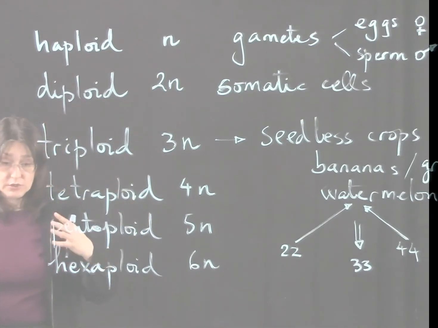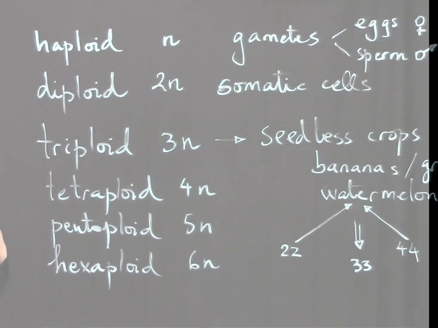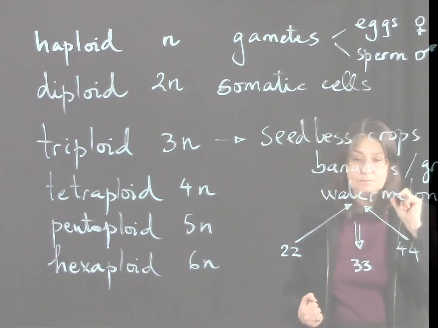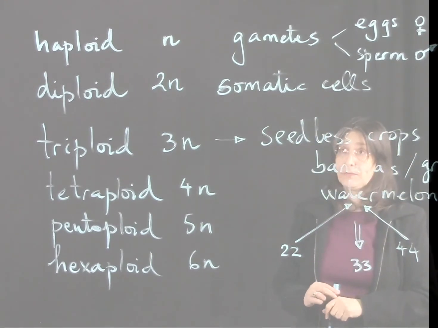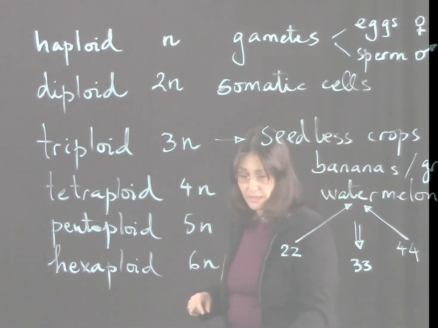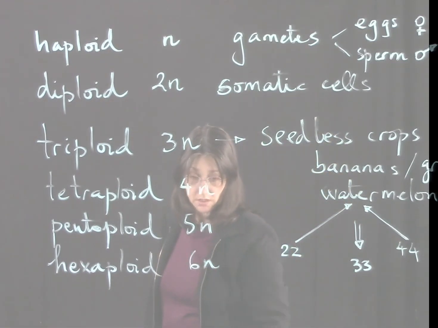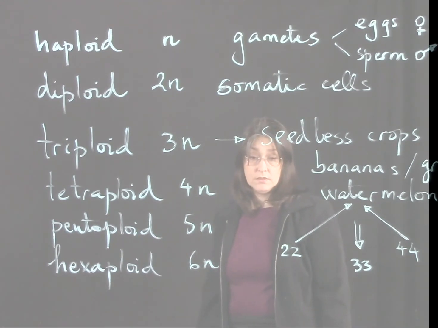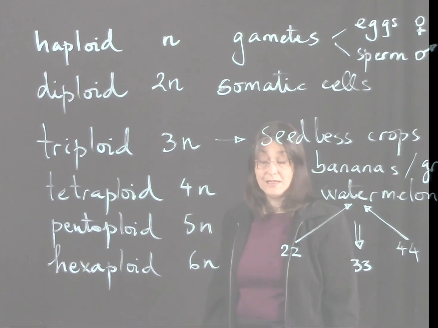That energy that the plant usually puts into seed production and the next generation is now going into a sweeter, bigger or juicier watermelon, or in general what we are looking for. Okay, so now that you understand what ploidy stands for, I will come back to the example of bread wheat and how it came to be a hexaploid.